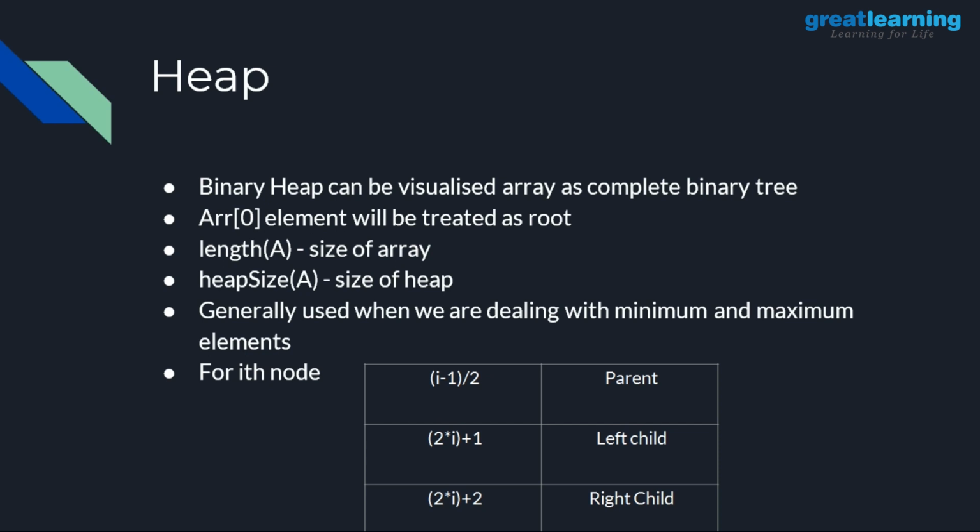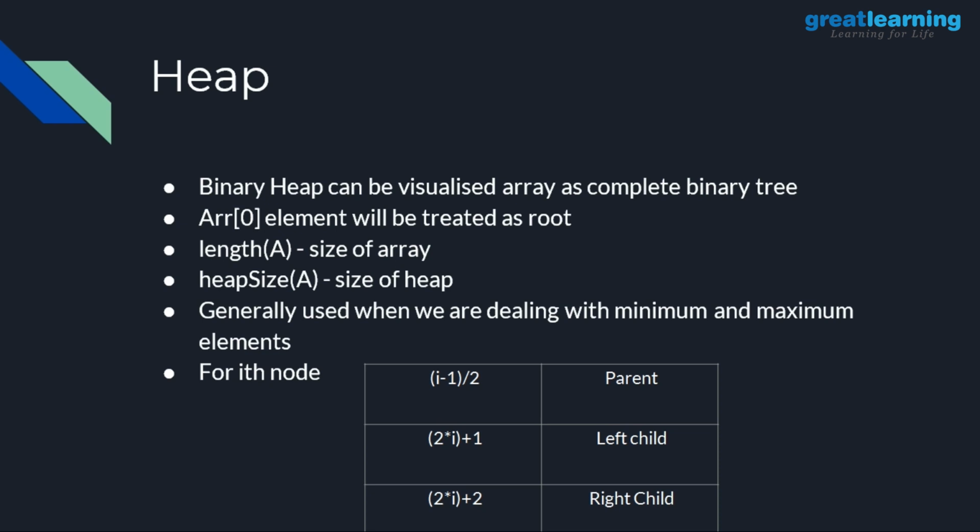A complete binary tree is a tree wherein every node has two children except the leaf nodes, and in the leaf nodes the elements are filled from left to right, such that we can represent it in the form of an array, wherein the element present at the 0th index will be treated as the root node.